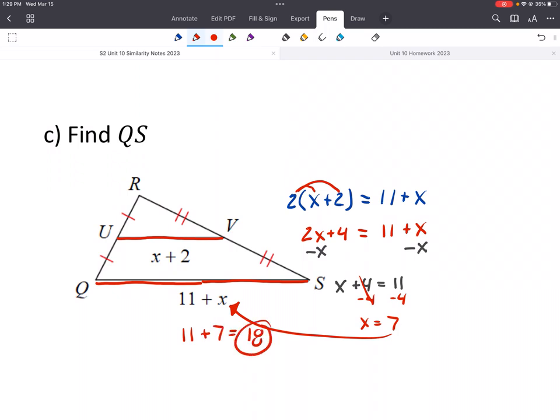I would also recommend that you plug it into the other expression and make sure that it is doubled. So 7 plus 2 gives us 9, and 9 times 2 does give us 18. That's a really easy way to make sure that you did your algebra correctly. If you got it off somehow, then it wouldn't double from the small to the big.